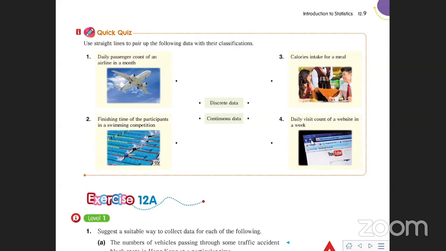Now for exercise 12A, I think you can just do it by yourself. Oh, it stopped moving again. I mean the book. It seems very slow. Let me see.